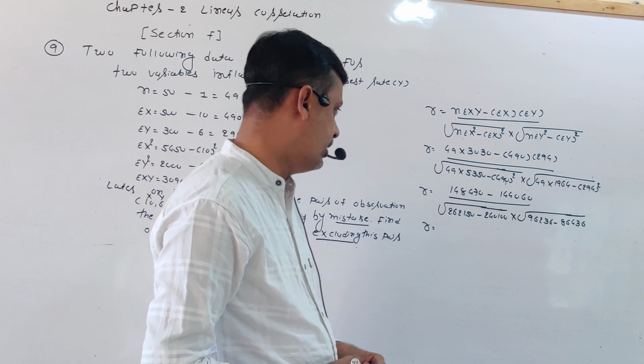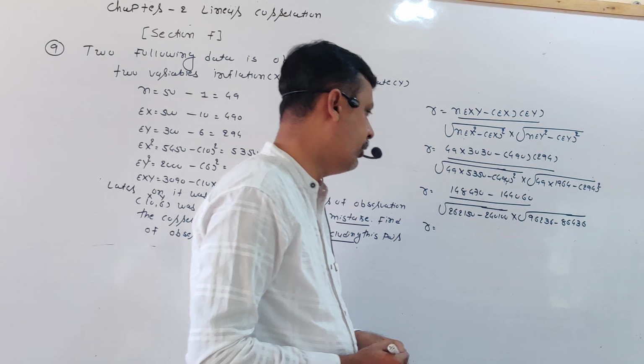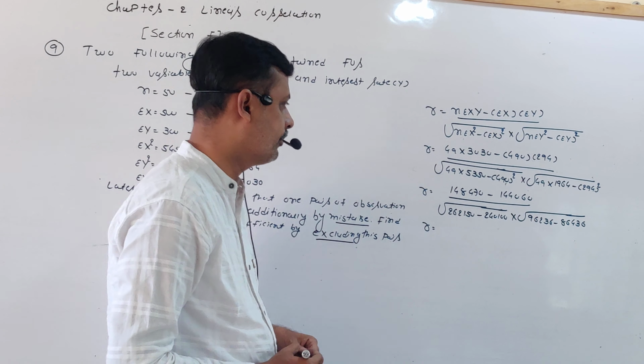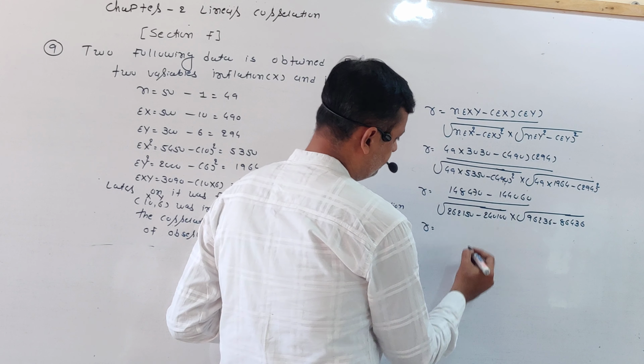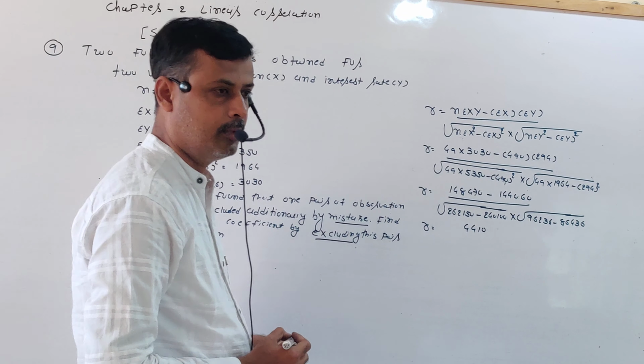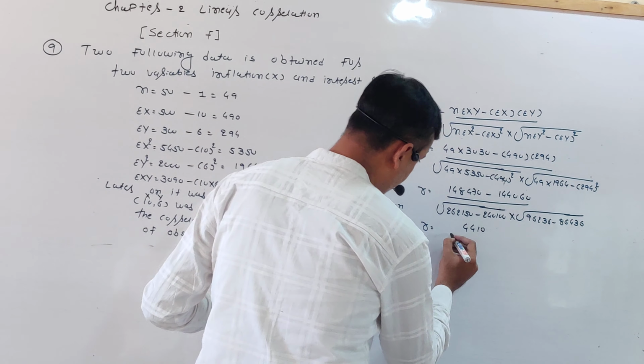So subtracting these values: 1,48,470 minus 1,44,060 is 4,410.